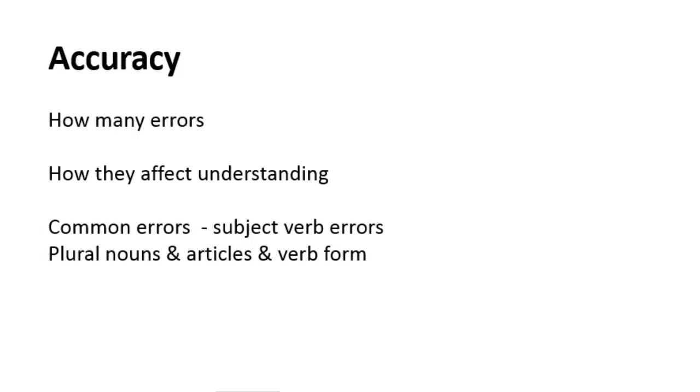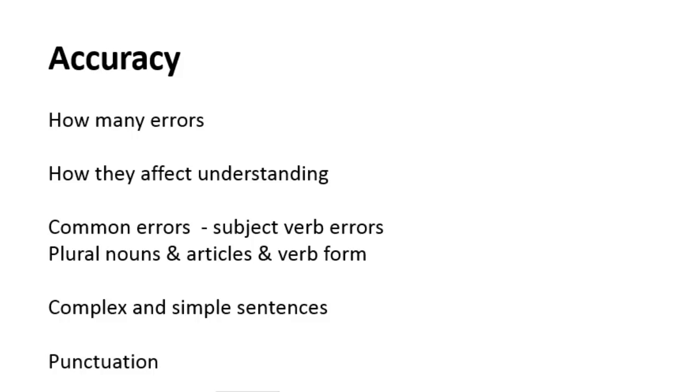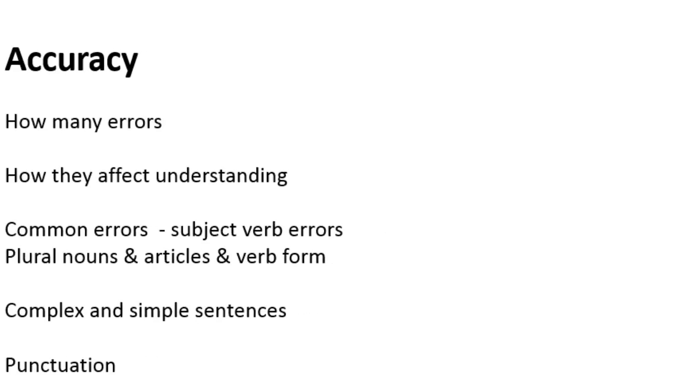So some of those common mistakes include subject, verb, plural nouns, articles, verb form, tenses as well. Also, you're being judged on your ability to write complex and simple sentences accurately. Finally, punctuation is important too. Are you accurate in your use of commas and full stops, capital letters for example?